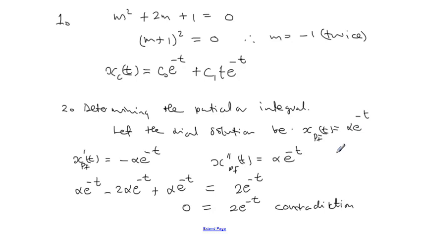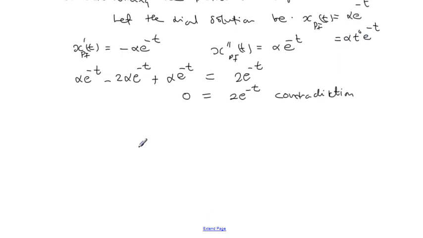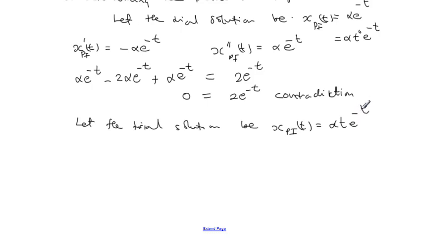And again, we recall that here I said you could write this as alpha t to the power 0 e to the power minus t. And then since we fail with that, we then let the trial solution be x particular integral equals alpha t to the power 1 e to the power minus t.